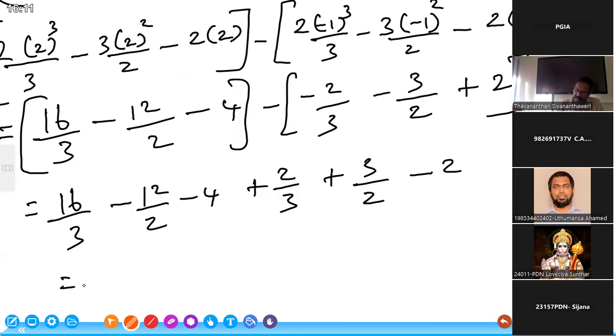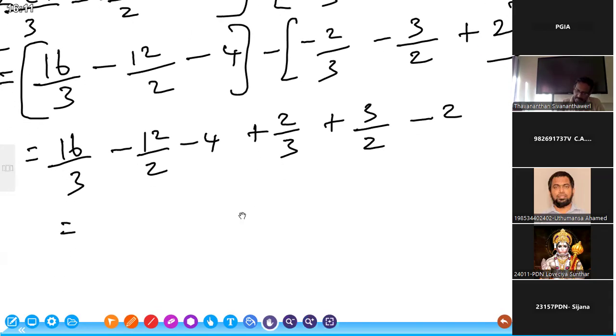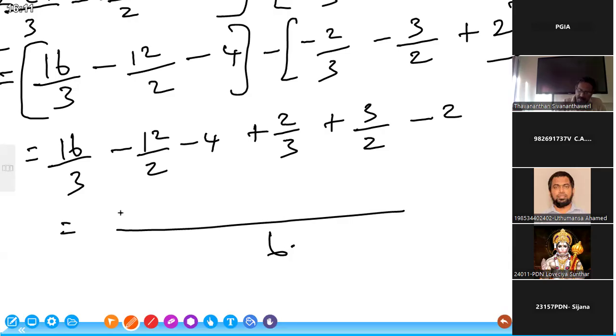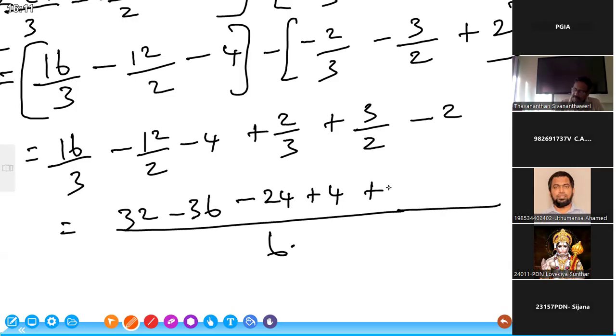So we can take the common denominator 6, correct? So 32 minus 36 minus 24 plus 4 plus 9 minus 12.